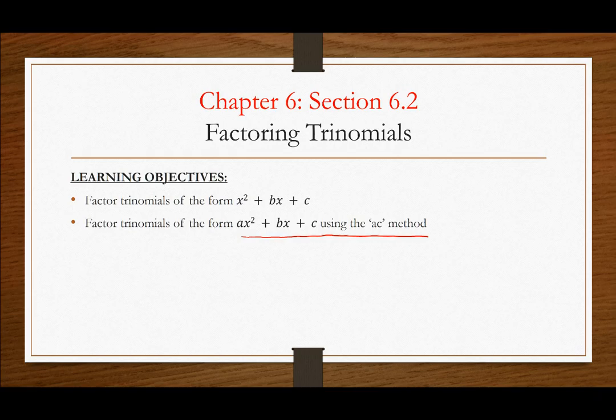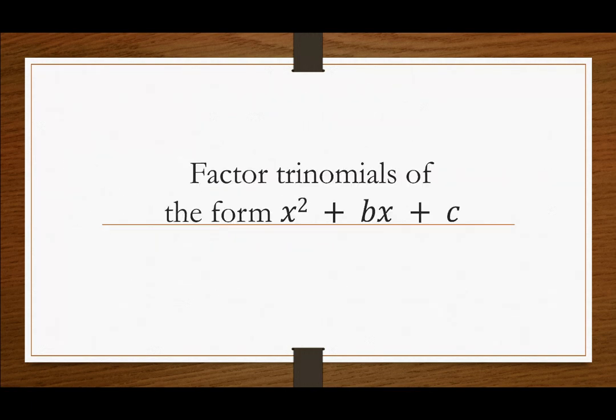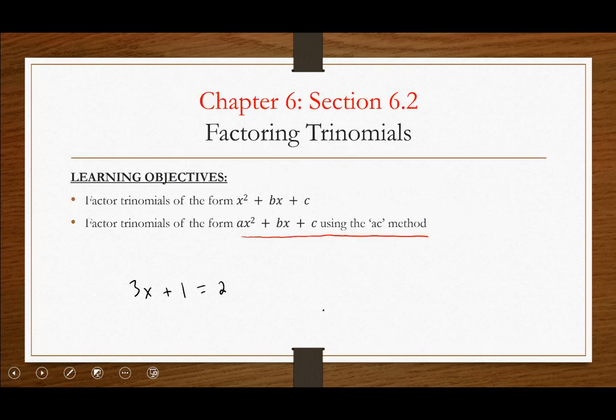The ax squared plus bx plus c form is one that you often see when learning about how to solve more complicated equations. And that's ultimately where factoring is most useful, in learning how to solve different types of equations. So whereas before we might have had a single variable with one unknown value and asked to solve for it using the properties of equality, now we have something a little bit more difficult to contend with, something like 3x squared plus 1x is equal to 2.